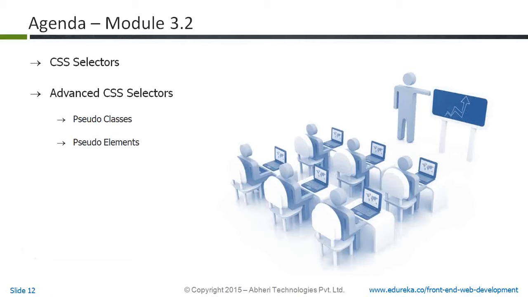But pseudo elements are some properties of the element itself, which are a part of the element, like say the first character, last character, before and after the element. So these are basically the pseudo element selectors, which we'll see. As I said, the difference is pseudo elements are part of the element, but they're related to the element. Whereas pseudo classes basically capture the state of the element. That's the difference.